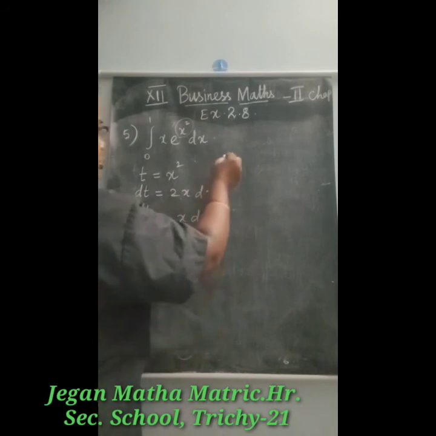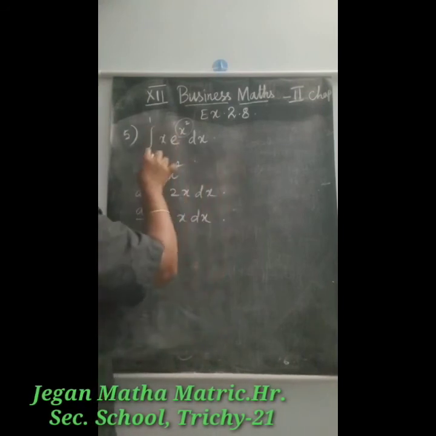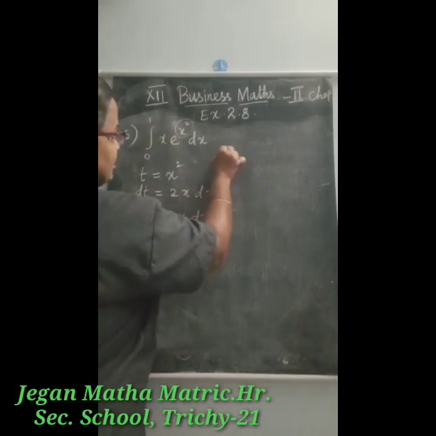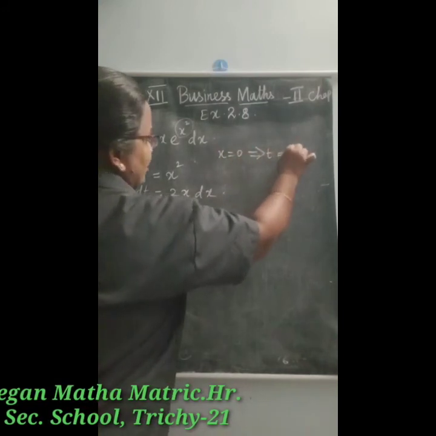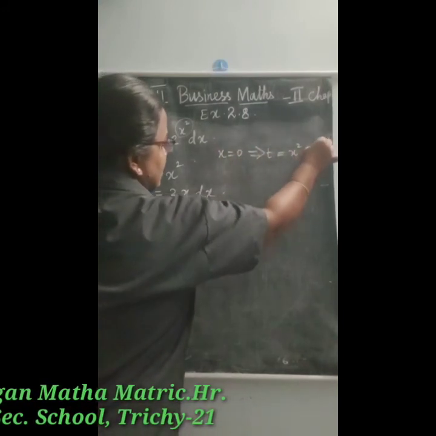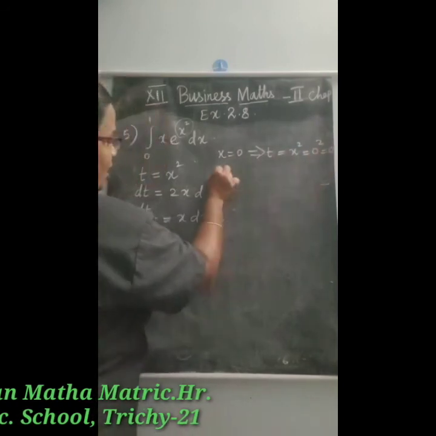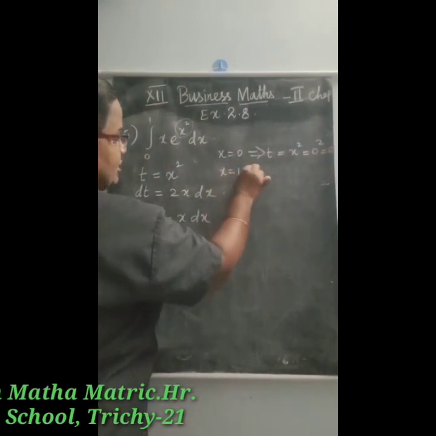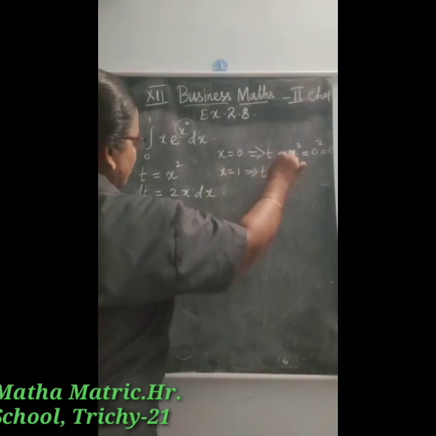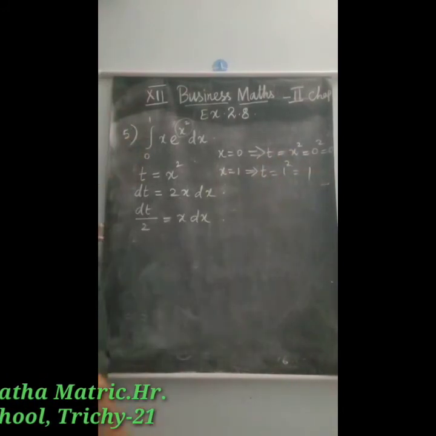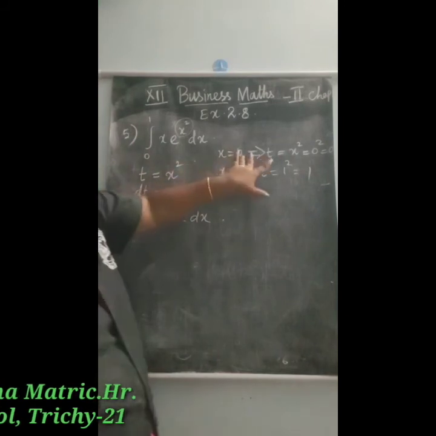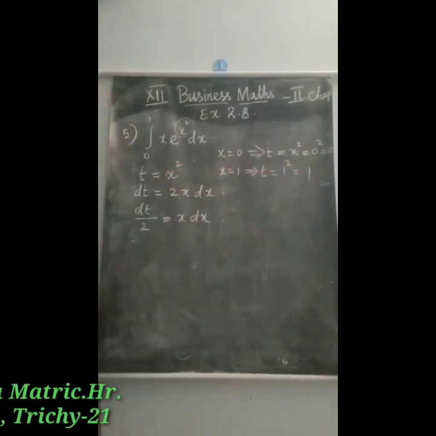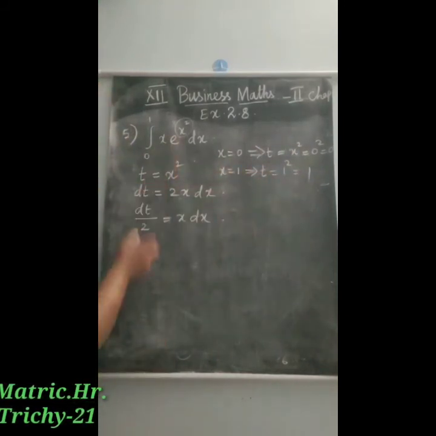Now we have to find the limit values. If x is equal to 0, what is t? t is equal to x squared, so that is 0 squared, which is 0. And x is equal to 1 means t is equal to 1 squared, that is 1. So 0 to 1, the same limit values come. Now substitute in this question.